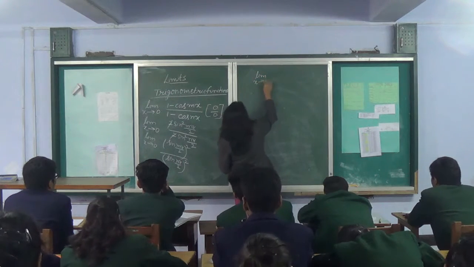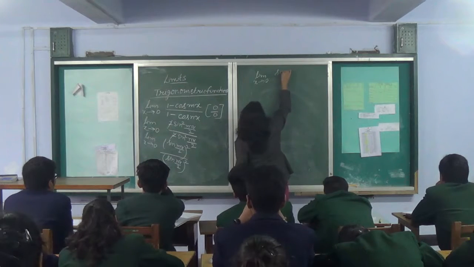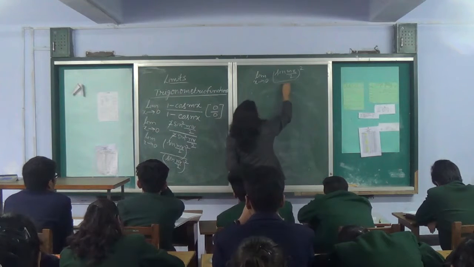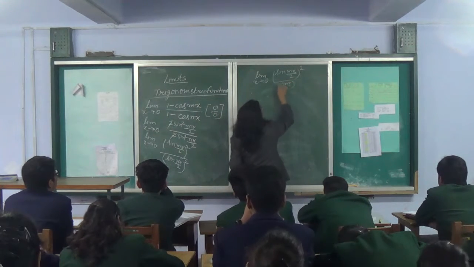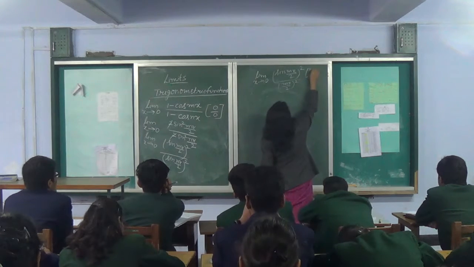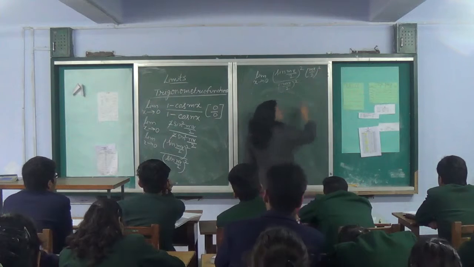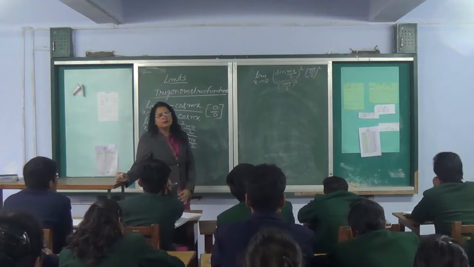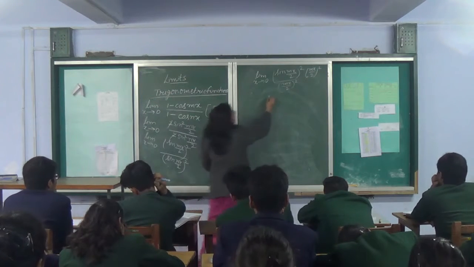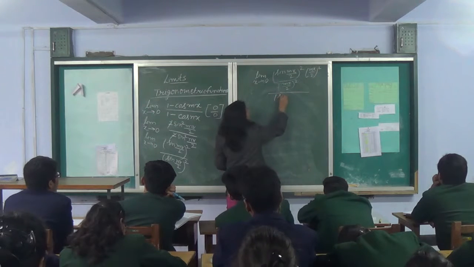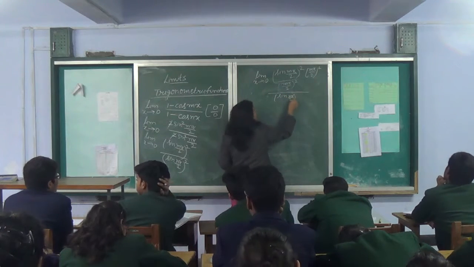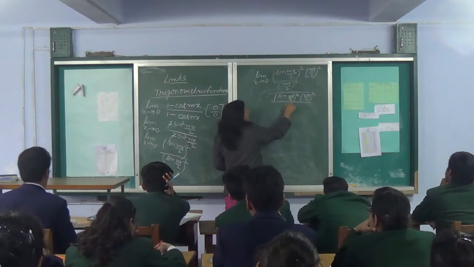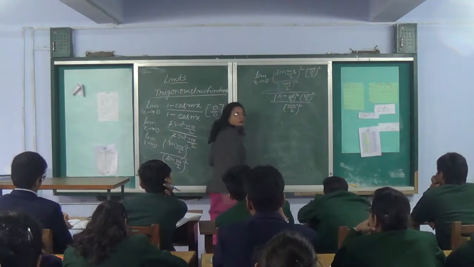So for this you have limit x tending to 0 sine mx by 2 whole square upon mx by 2 whole square. When you are multiplying the denominator by some quantity, you will have to multiply the numerator also with the same quantity. In the same manner over here, it's sine of nx by 2 whole square, so it is nx by 2 whole square upon nx by 2 whole square.